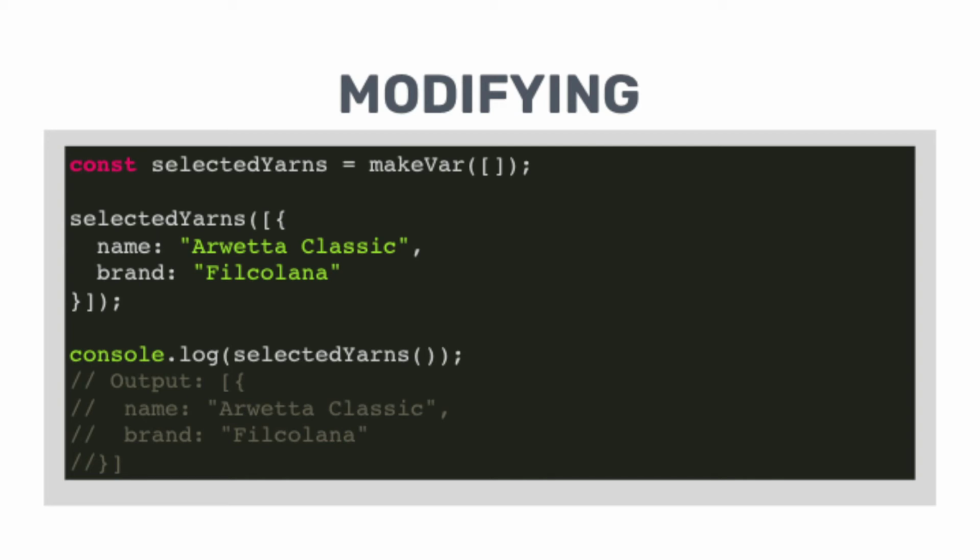I've left the ID parameter out of this example to make the code snippet a little shorter, but there would also be the ID field there. And then when we read the value of the selectedYarns reactive variable, we can see that it's the same that we put there.